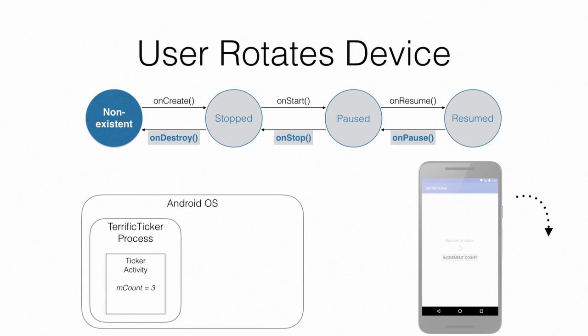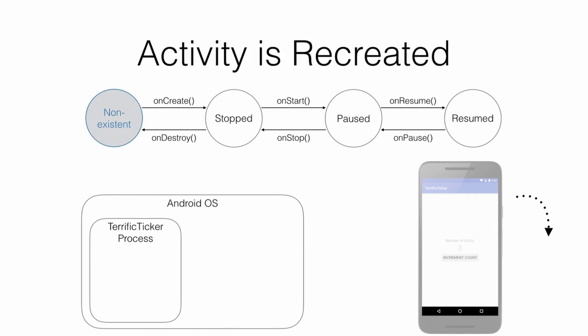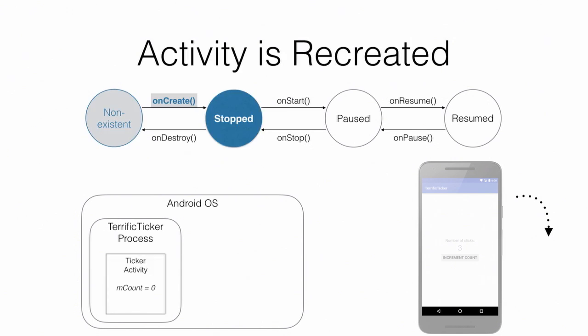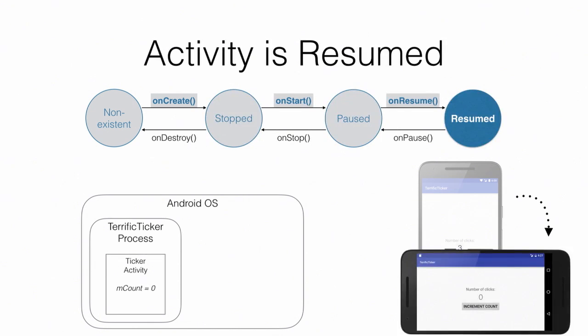So it's actually completely wiping away my activity instance from memory, which is a problem for my app, as I've shown you, because now when the instance is gone, I've lost that information about the count that the user has incremented up. All right? So what happens, though, as the device rotates, is it now creates a brand new ticker activity instance. And as you saw before, it's going to initialize my count to 0. And it's going to run this new ticker activity instance all the way up to the resumed state.